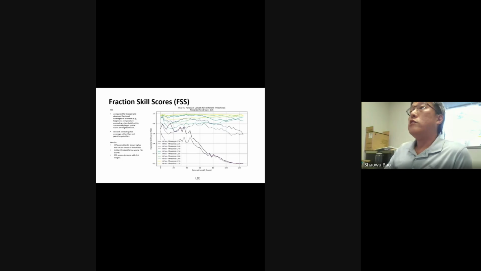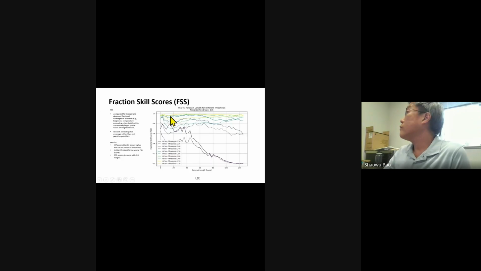And we use the threshold from 270 for the warm cloud all the way to 260, 250, 240, and 230. And we plotted HAFS A using solid lines and HAFS B using dashed lines using the same color.